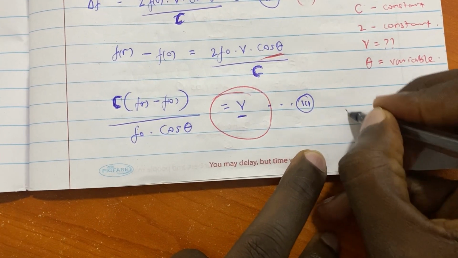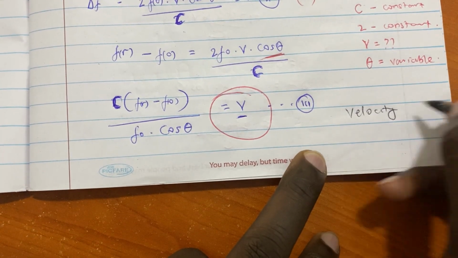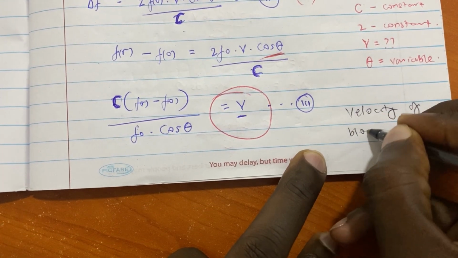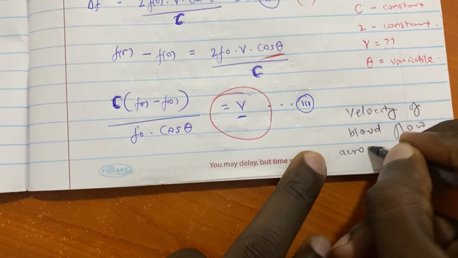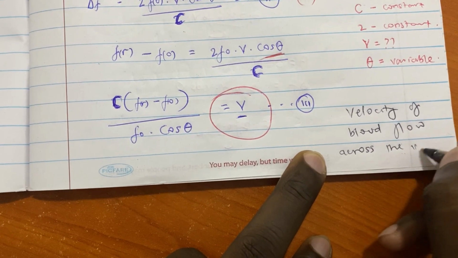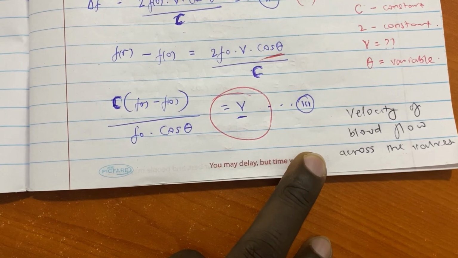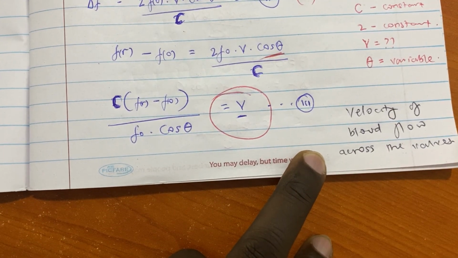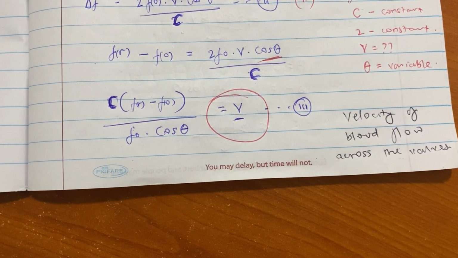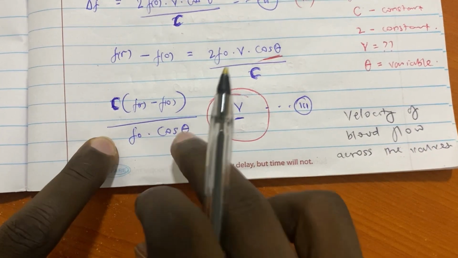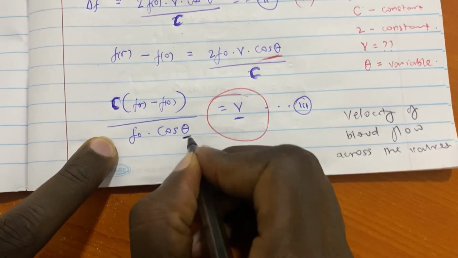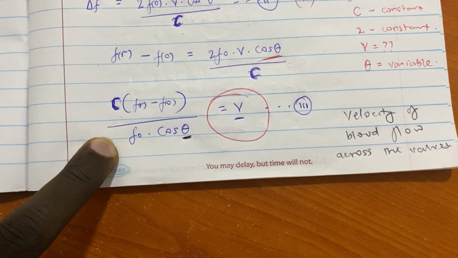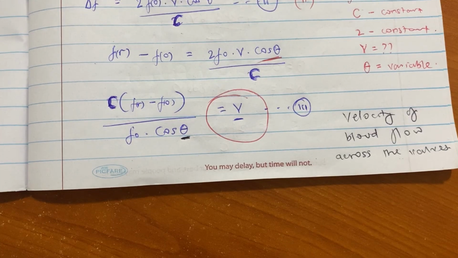We look for the velocity of blood flow across the valves. So when you press pulse Doppler or continuous wave Doppler, this is theoretically what we are looking for. The machine will calculate the theta, and it will give you the real velocity.